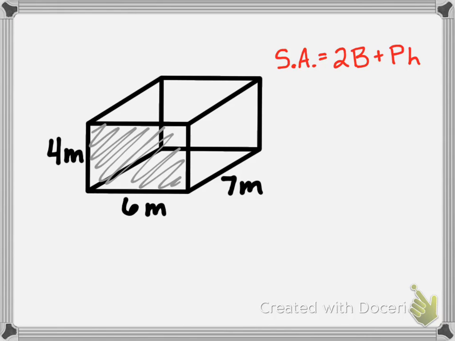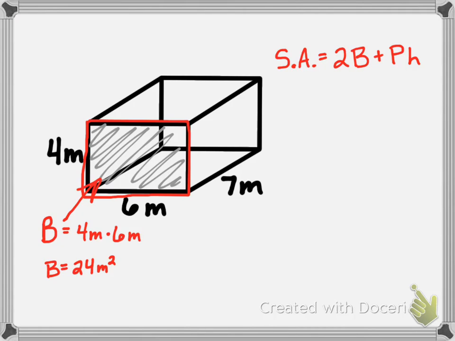So all I'm looking for is the area of my base, the perimeter of my base, and the height of my prism. So this is my base, so I can find the area of the base. The area of the base would be 4 meters by 6 meters, because it's a rectangle that's 4 by 6. So the area of my base is 24 meters squared.